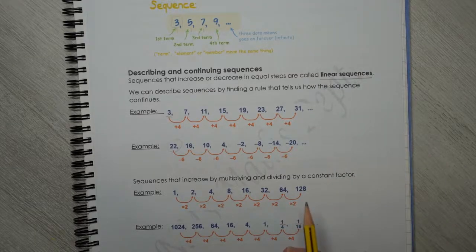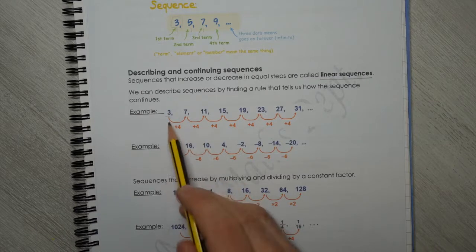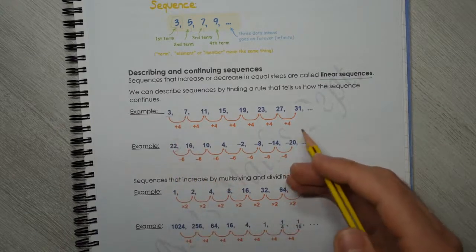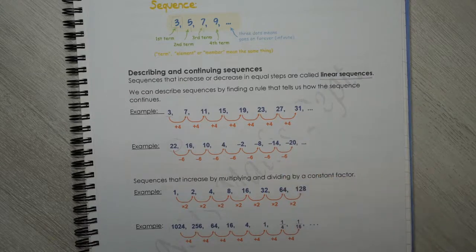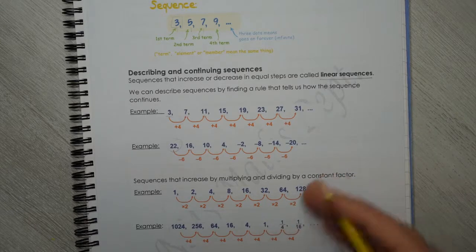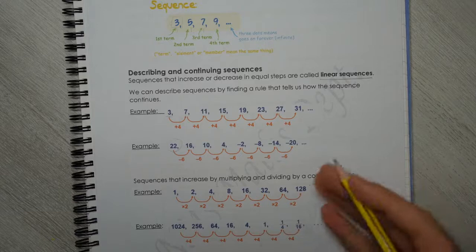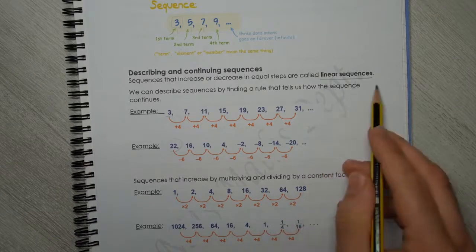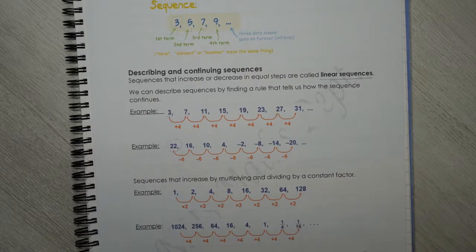Just to repeat, a linear sequence is a sequence that from one term to another increases or decreases each time with the same amount. Either plus 2 each time, or maybe decreasing, minus 5 each time. That is called a linear sequence.